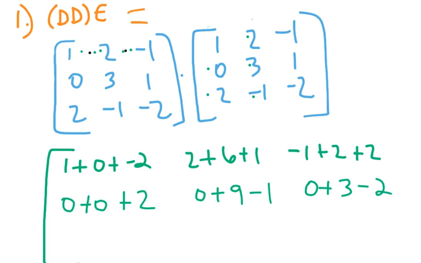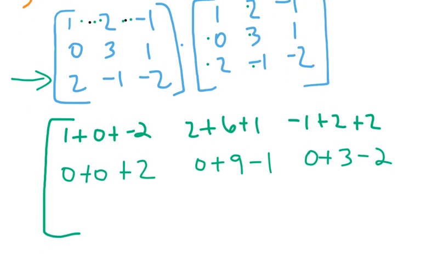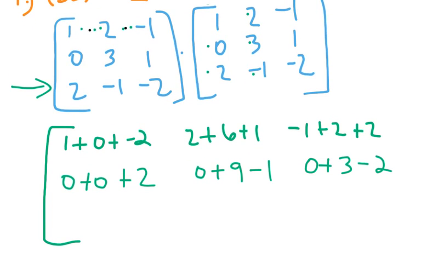Okay, so last row here. I'm going to move down a little bit. And let's do the process again. So I'm going to take a look at this row versus all three of our columns. Okay, so I start off with a 2. 2 times 1 is 2, plus negative 1 times 0, which is 0, plus negative 2 times a 2, so a minus 4.